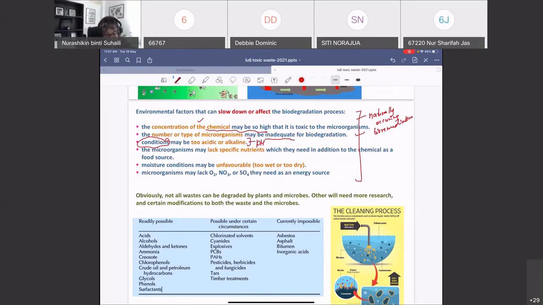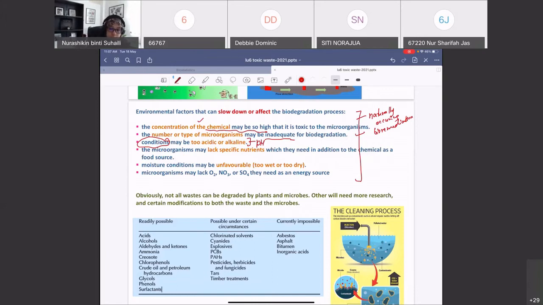And then lack of specific nutrients. Okay, because when it happens naturally, no one cares. So there are some nutrients that are not there for the microbes. Maybe the microbes need certain additional nutrients like nitrogen and phosphorus to grow better.